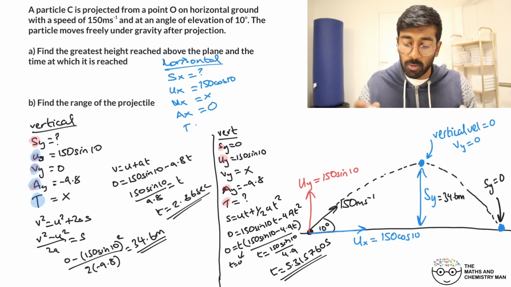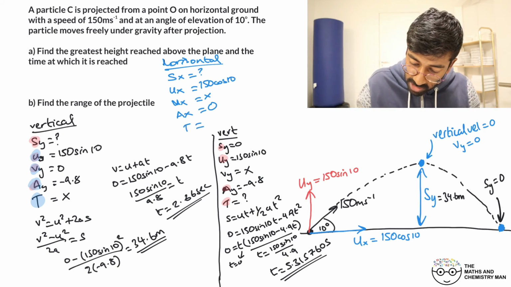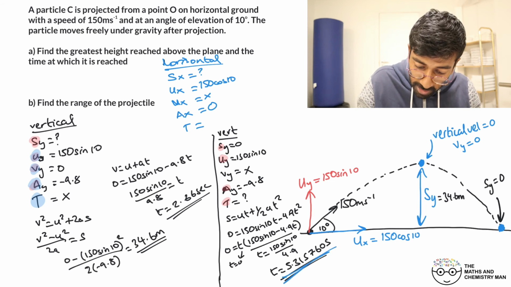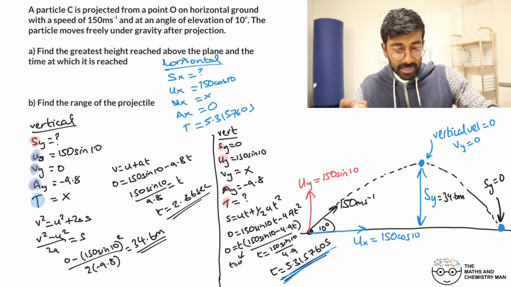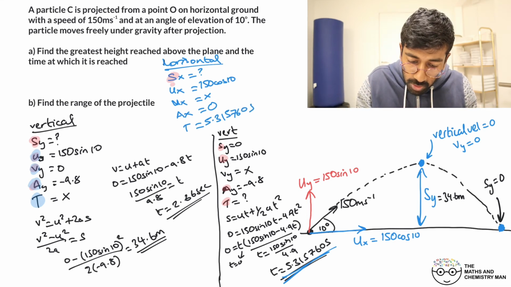And t, well, we know now the time when it reached there was this long decimal that we just found out, which was 5.3157605. Okay, good. So what have we got? Well, we've got s, u, a, and t.